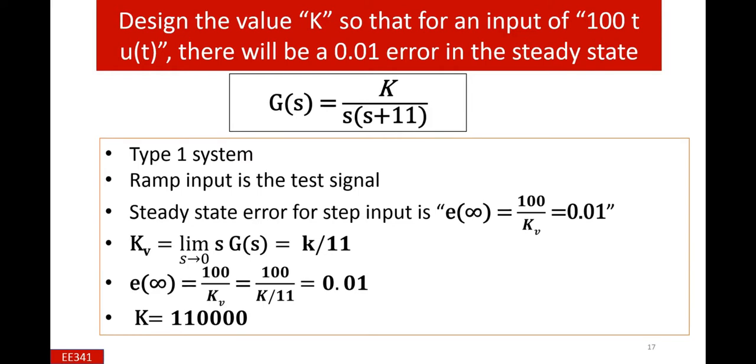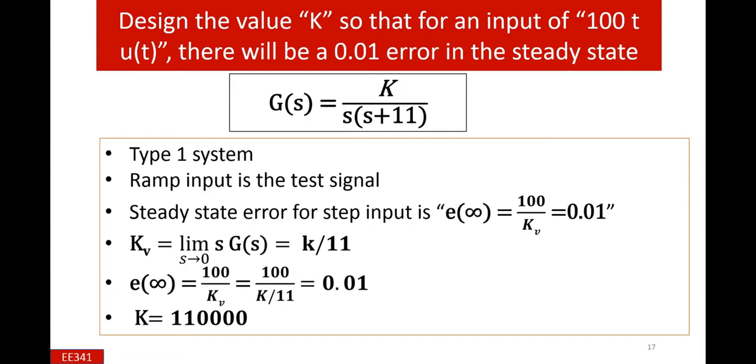From the transfer function, we can find that it is a type 1 system, and for type 1 systems we are required to find the steady state error, which is usually constant, for the ramp input. So for the ramp input signal, this allowed error is 0.01, and the steady state error is the reciprocal of the error constant.